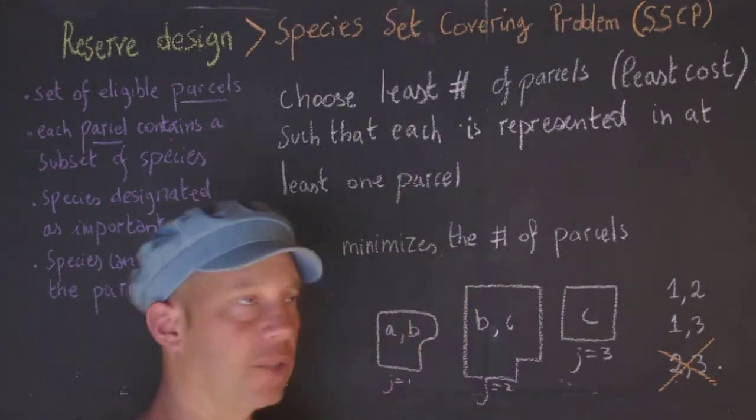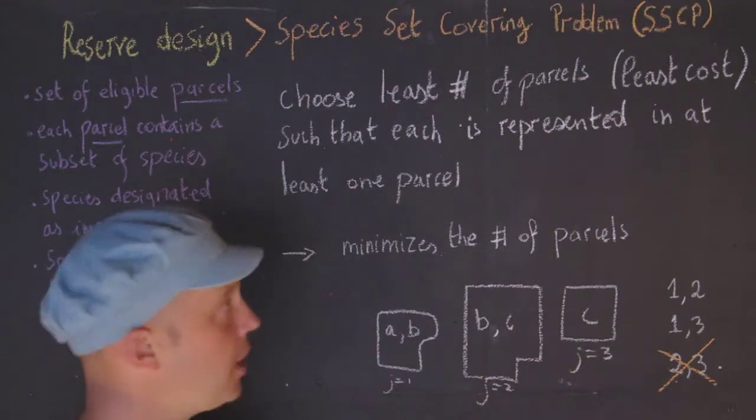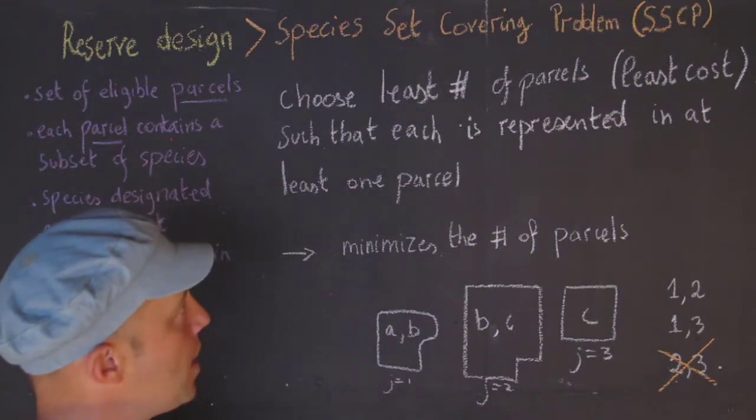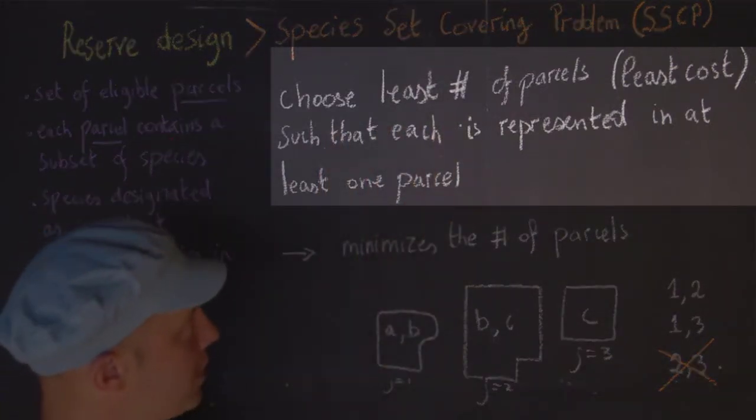So the first thing I'd like to focus on is the species set covering problem. And before going into the formulation, let's try to understand what this model is about. We're trying to choose the least number of parcels.